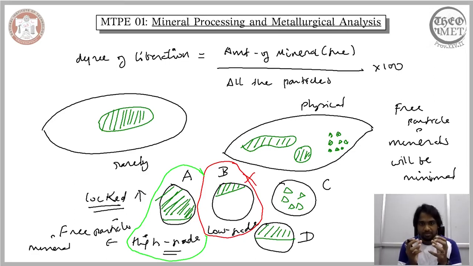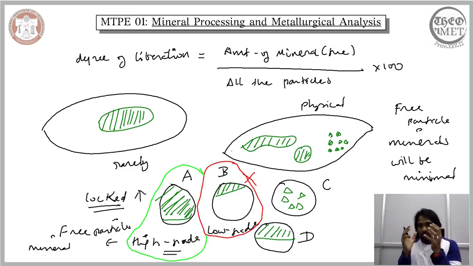Since a significant reduction in size means an increase in expenses, and the ability to handle them also greatly decreases, we treat them as close to free particles. Depending on the amount of mineral or gangue present, we treat them as free mineral particles or free gangue particles.